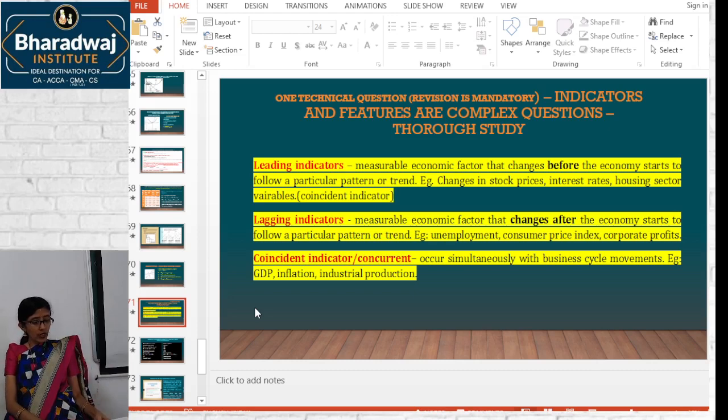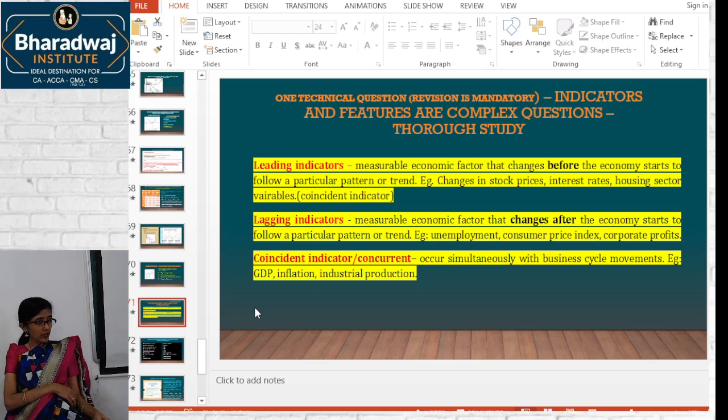Next one. The duration of a cycle varies from. Please take the options. The period of the cycle, the duration, varies from option A, 2 years to 12 years.